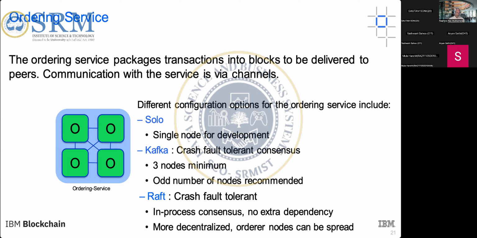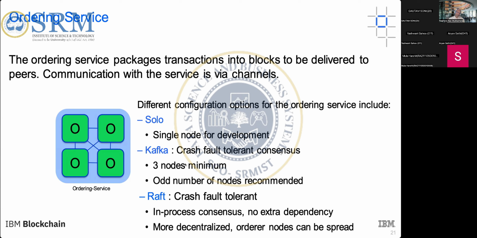Then what you have is some kind of fault tolerant consensus. You have a set of nodes participating in the consensus, and they receive the transactions, and then they order the transactions. So there is a consensus mechanism going on. Kafka is a crash fault tolerant consensus mechanism.